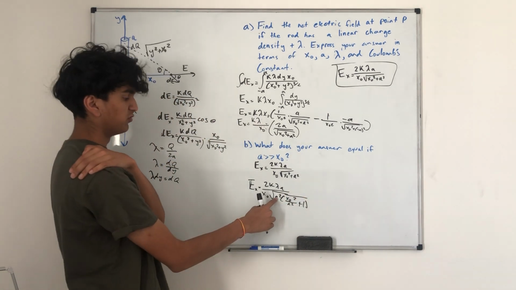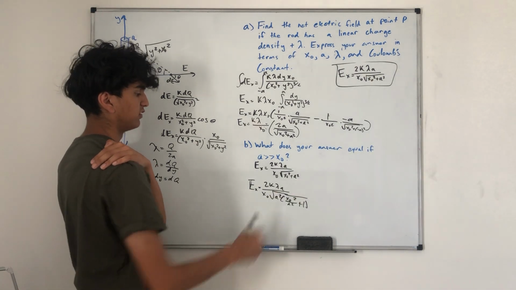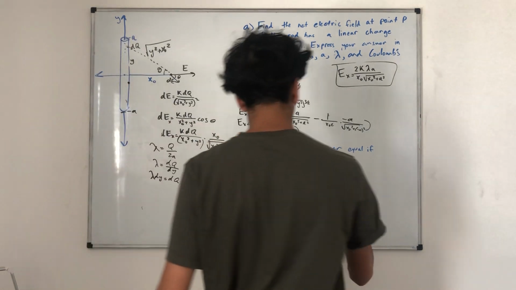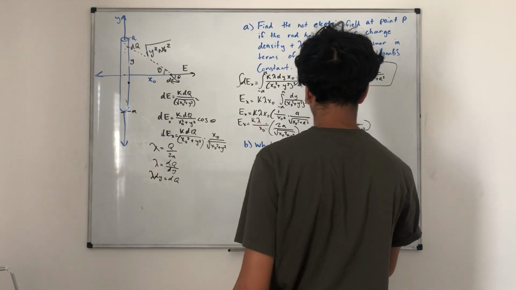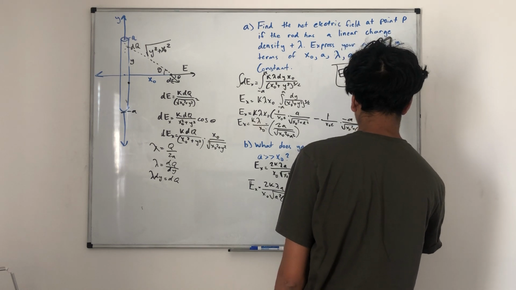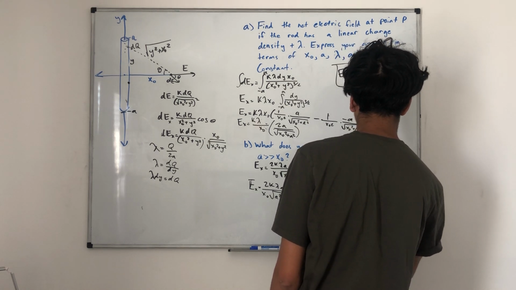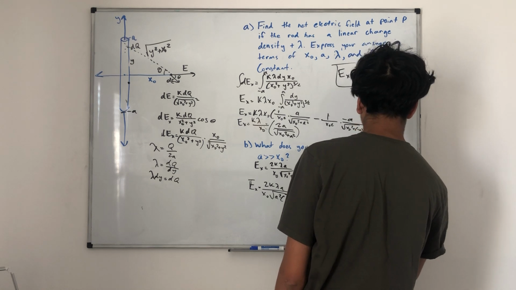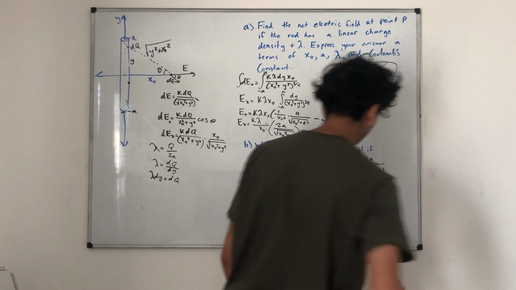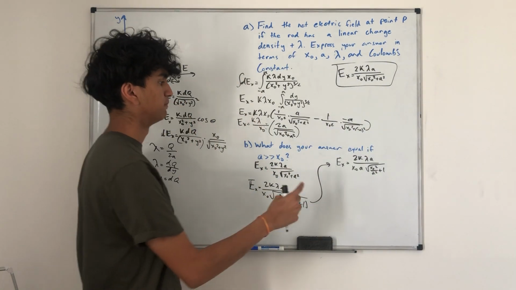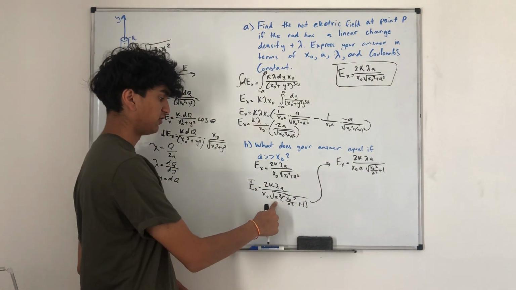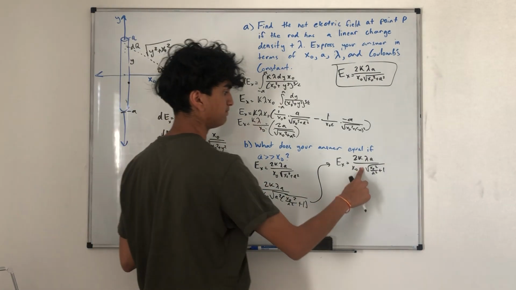When you multiply back in, you just get the original expression. So E_x equals 2k lambda a over x naught a square root of x naught squared over a squared plus 1. Now the a's can cancel, because when you take the square root of the factored-out a squared, it just turns to a.